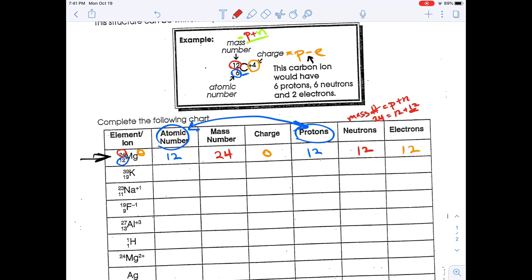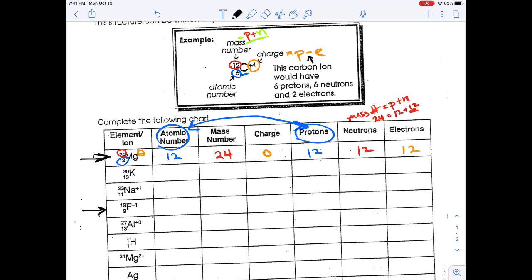I want to do 2 more examples to show you how these vary a little bit. I'm going to do this one here with the fluorine.